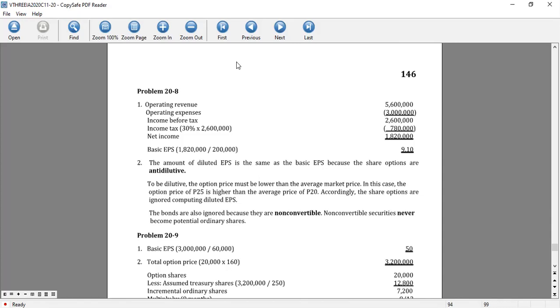The operating revenue, 5.6 million. Operating expenses, 3 million. The income tax rate is 30%. Ordinary shares outstanding during the entire year is 200,000. At the beginning of the current year, there were options outstanding to purchase 40,000 ordinary shares at 25 per share. The average market price during that year was 20 per share.